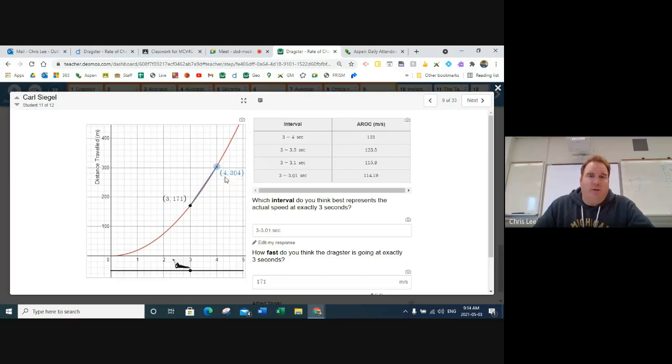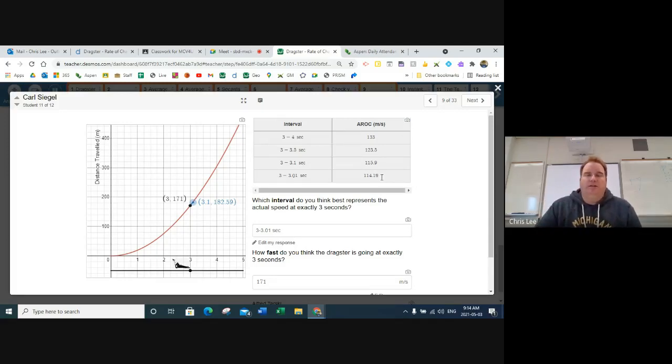At 4 seconds, it's at 304. It has nothing to do with the speed. The calculations you did are what's important for the speed. You did the rise and run, the change in y over the change in x, and we found that the steepness of the curve was 133, and then we got better and better representations, and we got down to 125, and then 115, and then 114.19.